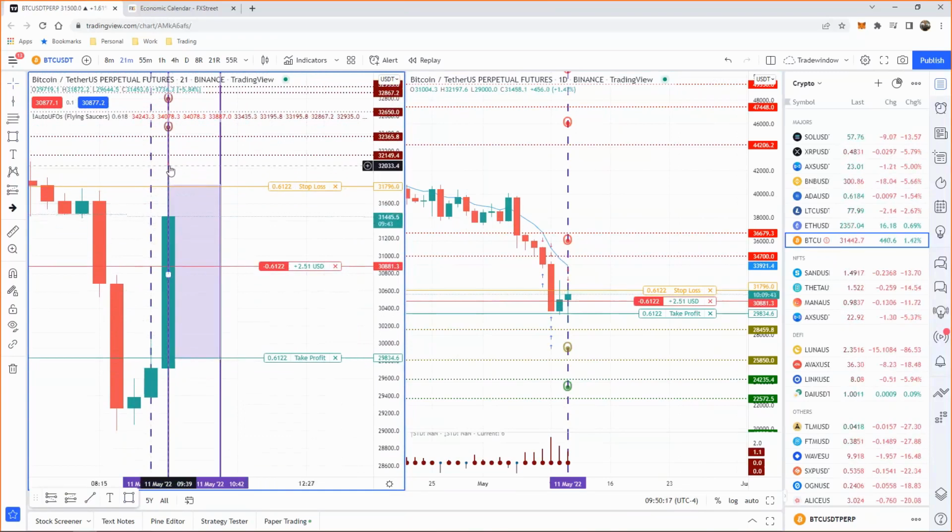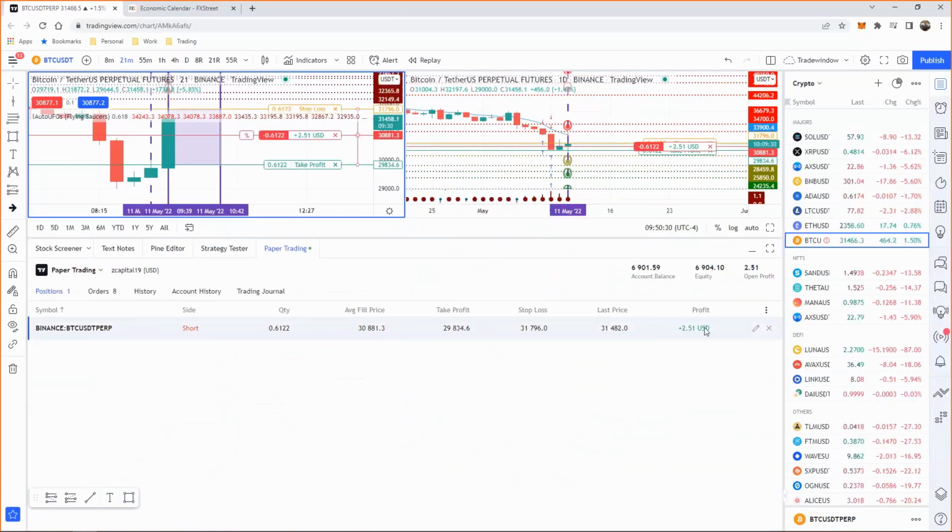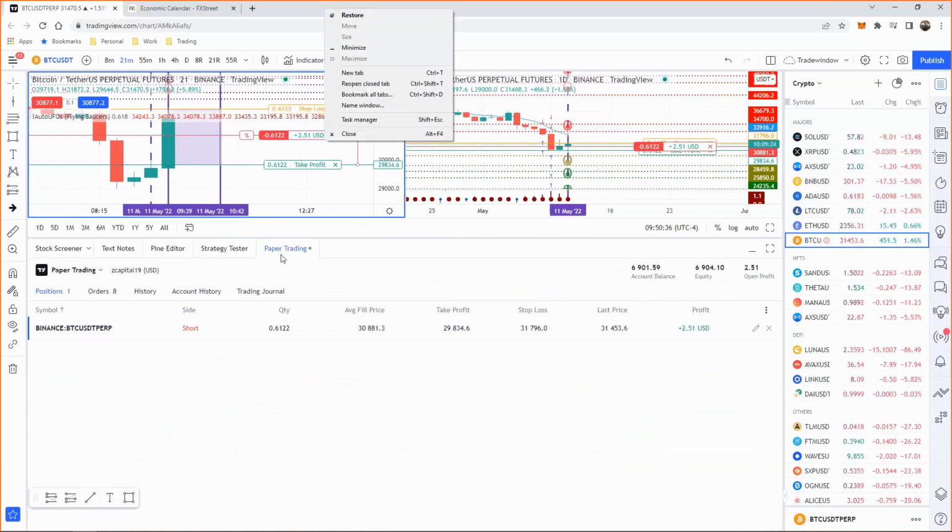The high was 31,872.2. Our stop was at 31,796. It should have hit the stop and closed this trade out, but it didn't. Not quite sure. I think it's something with TradingView. As you see here, it's like frozen.